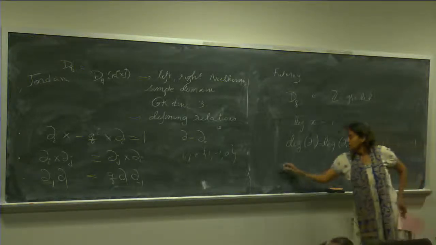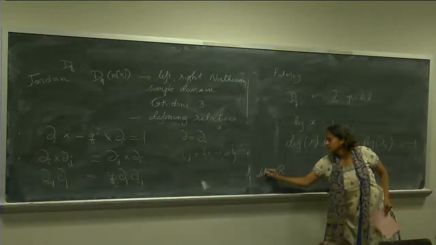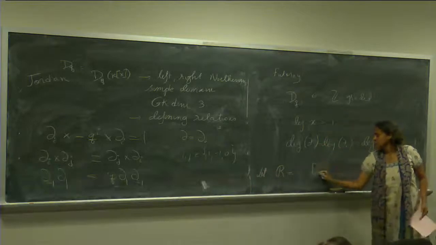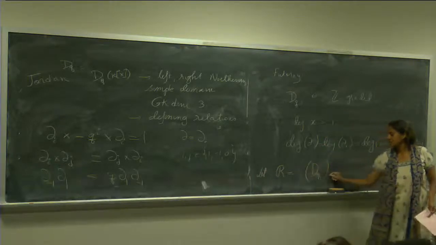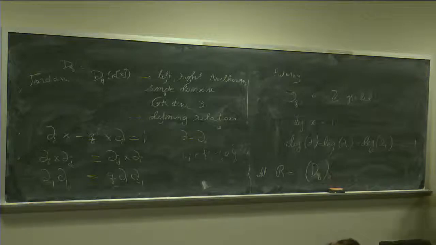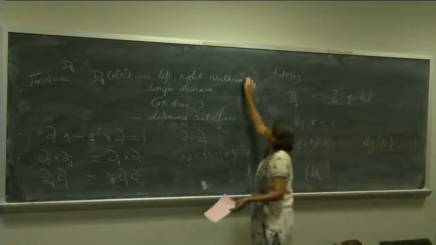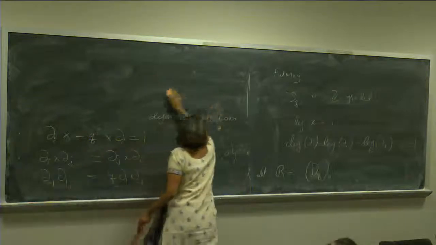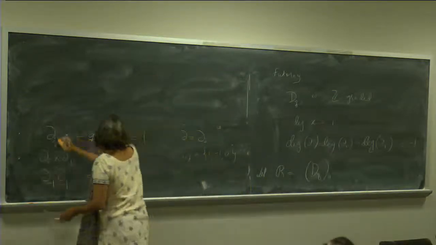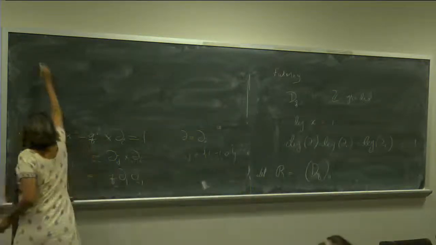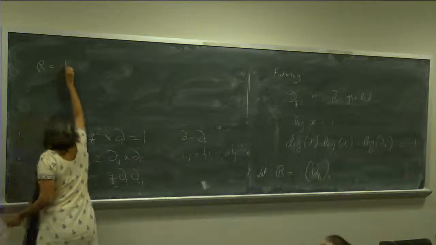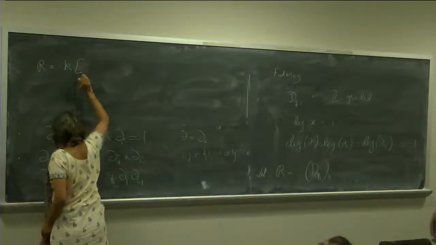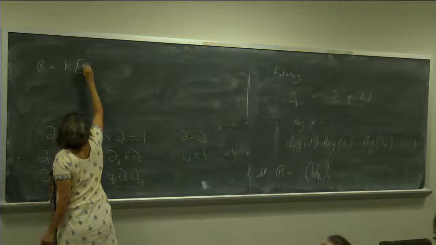So let R be the 0 degree part of dq. One can show R is a polynomial algebra, rather a localization of a polynomial algebra.